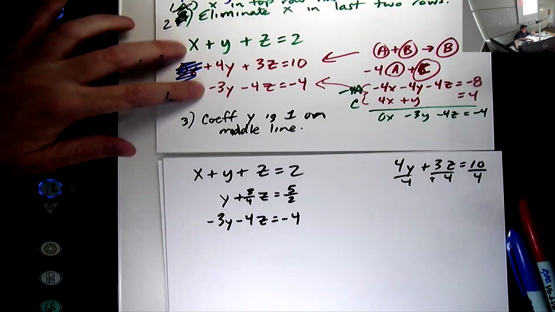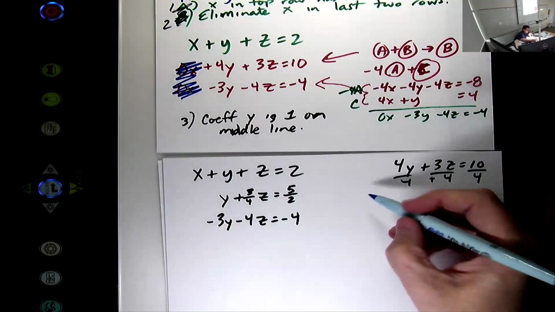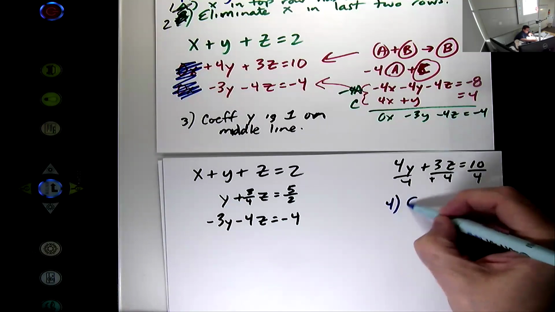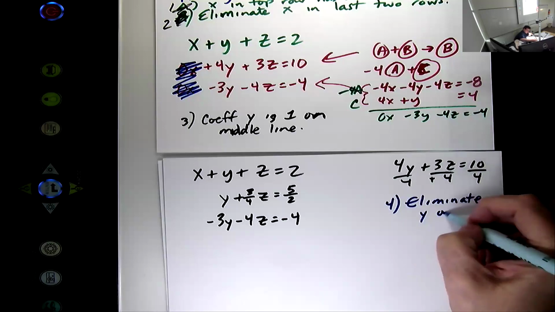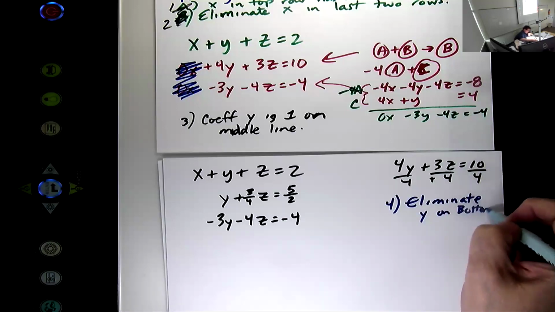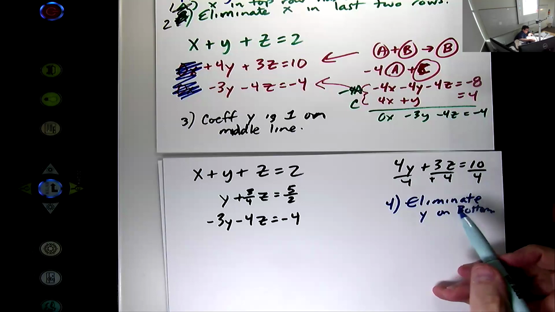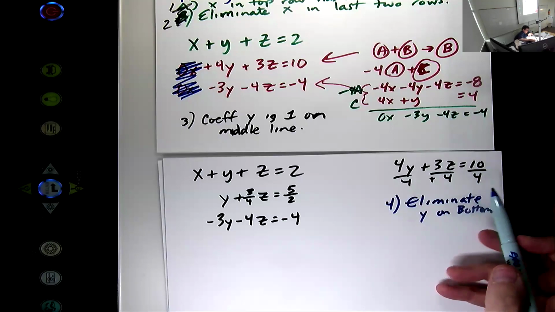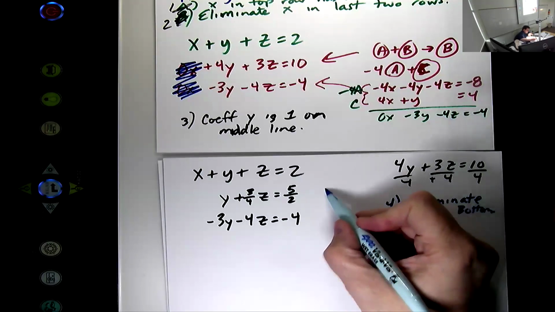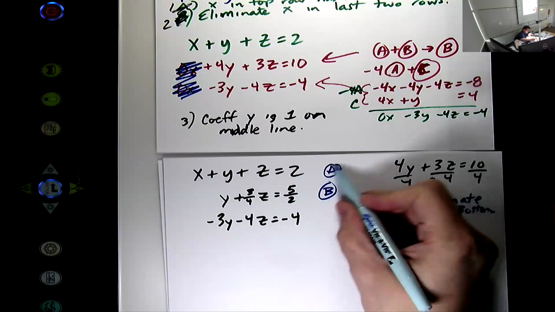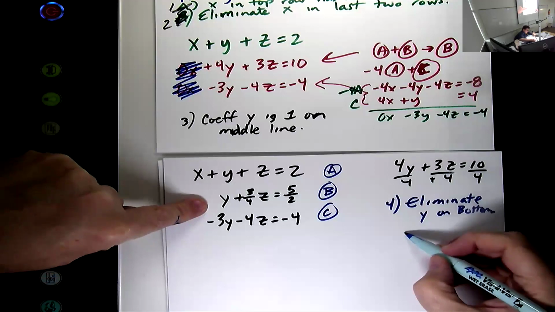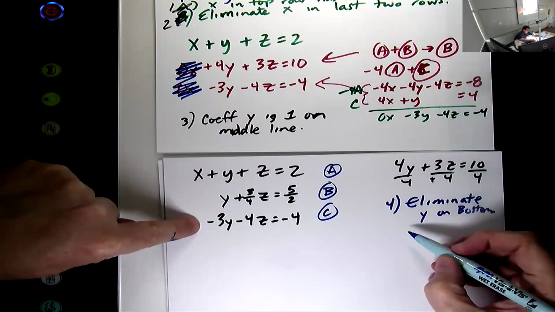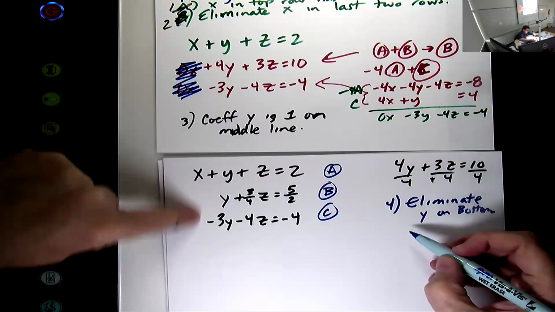So that's step 4. Eliminate y on the bottom row. So this is like my new B, and my new C. They're already opposite signs, so I just need the same coefficient up here.